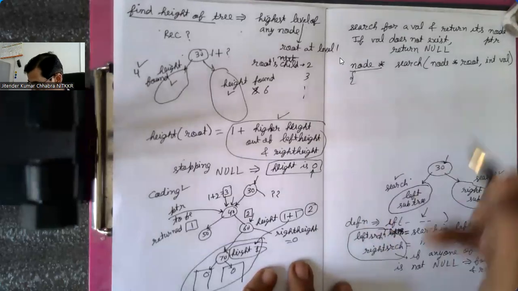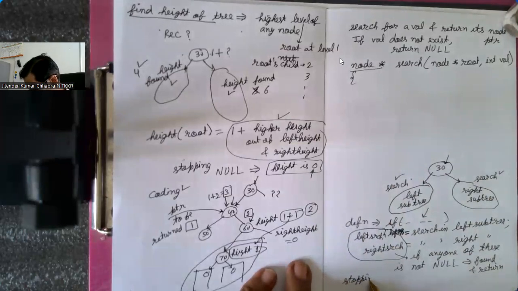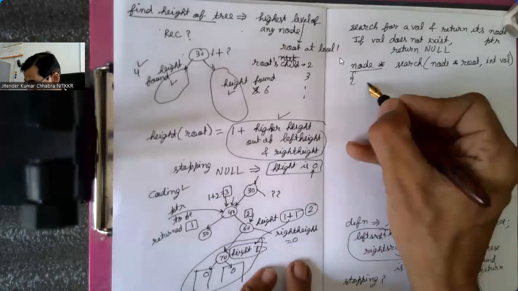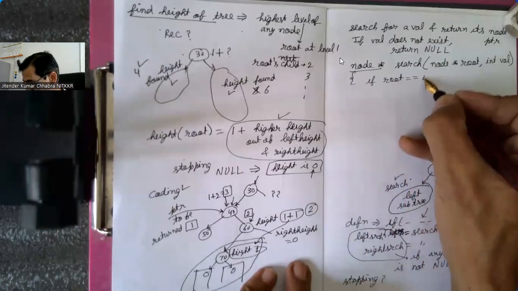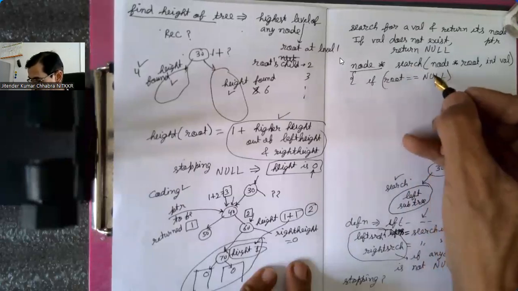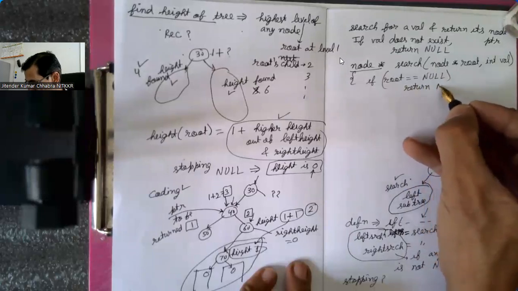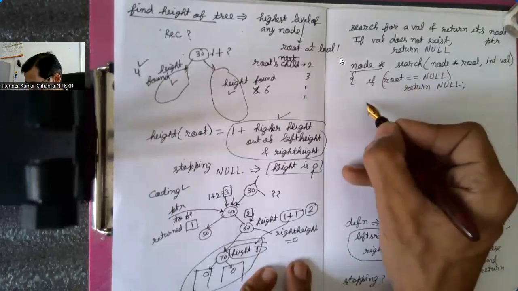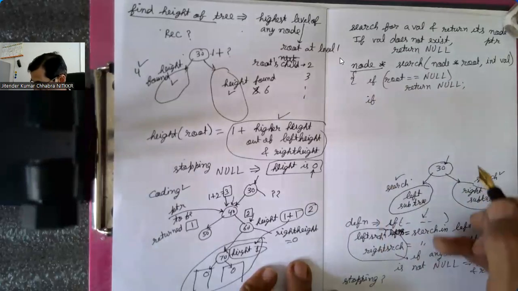But this is only when recursion is needed. There could be slightly more stopping criteria now. Of course, if root is null, that is stopping criteria 1. What is guaranteed? If root is null, element not found, return null. But now there can be another stopping criteria also. What is that?